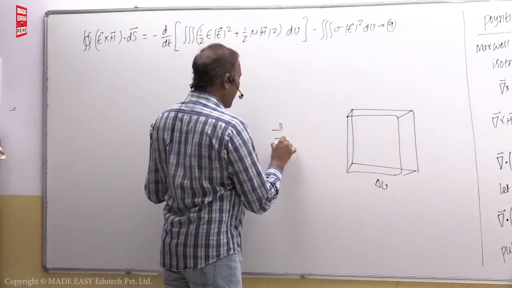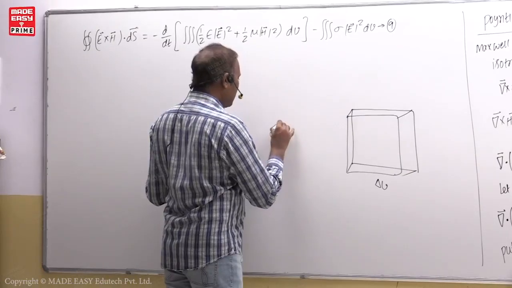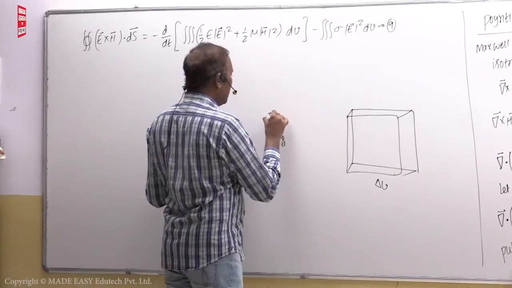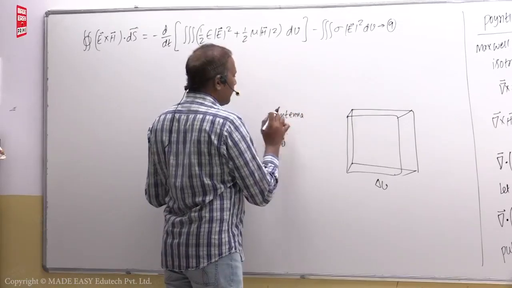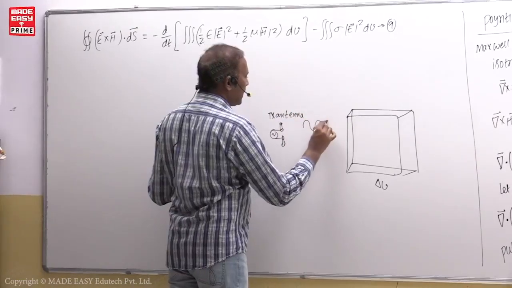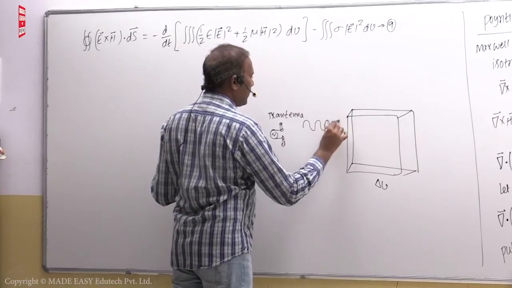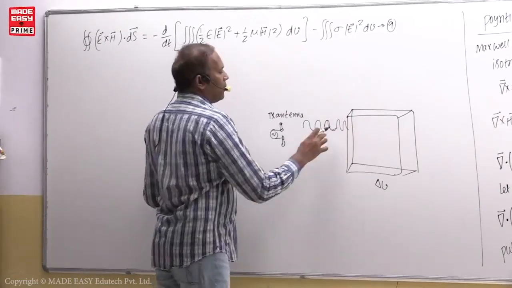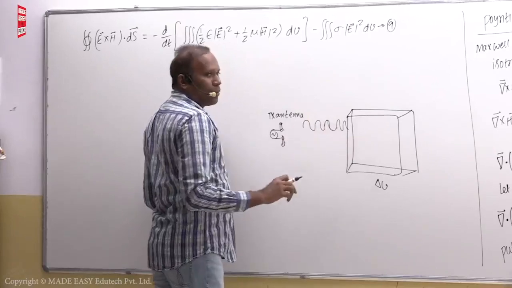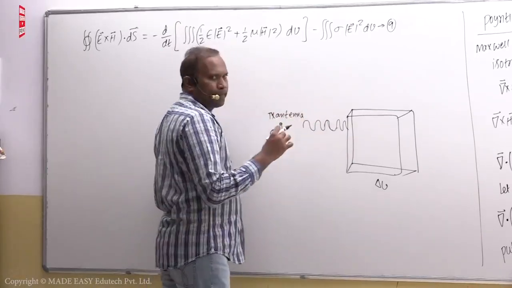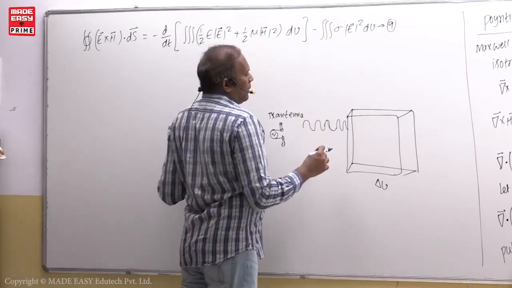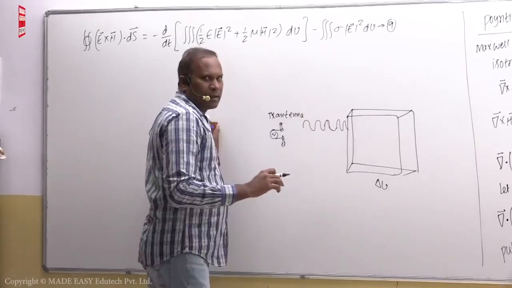Now here some antenna is there, a transmitting antenna, TX antenna. From this the EM wave is going like this. Now this EM wave has some energy, that means it has some power.